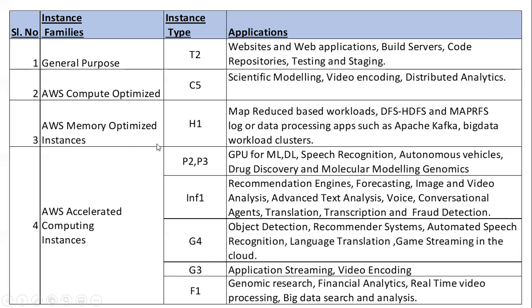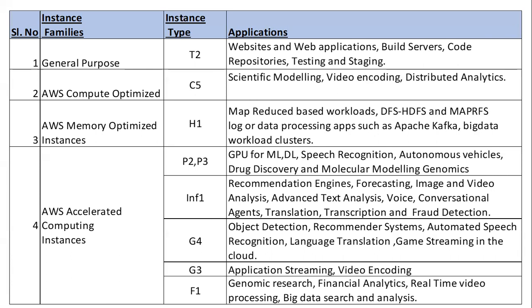Now, the third instance family here is the AWS memory optimized instance type. This is most useful if you are working on tasks which are memory hungry. One of the typical examples of this particular instance family is the H1 instance type.